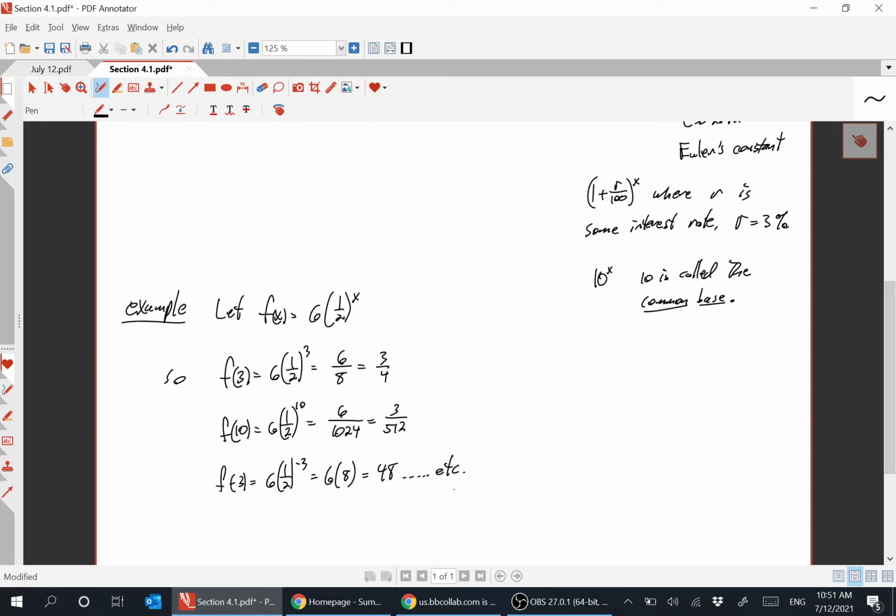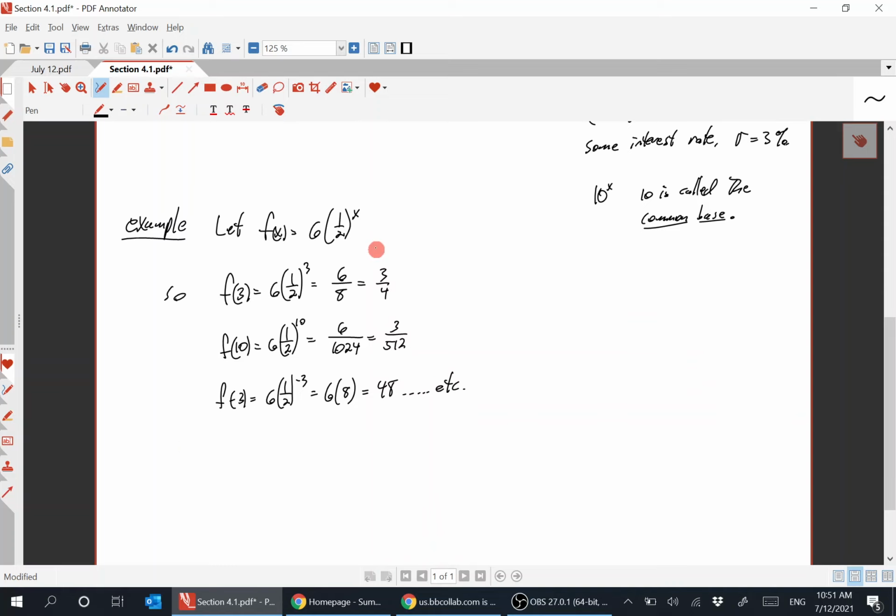Notice the value of an exponential function is always positive. For k bigger than 0, so for this constant out front bigger than 0, the value of f of x equal to k a to the x is strictly positive. It's never 0.